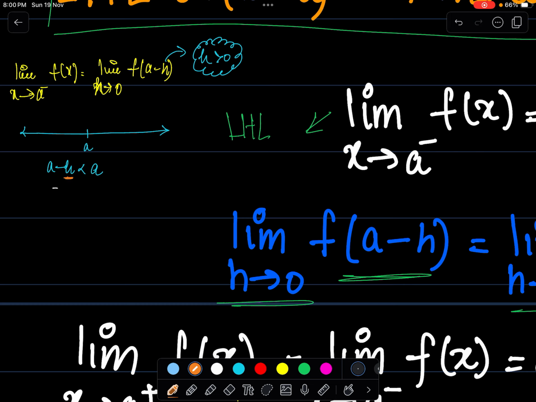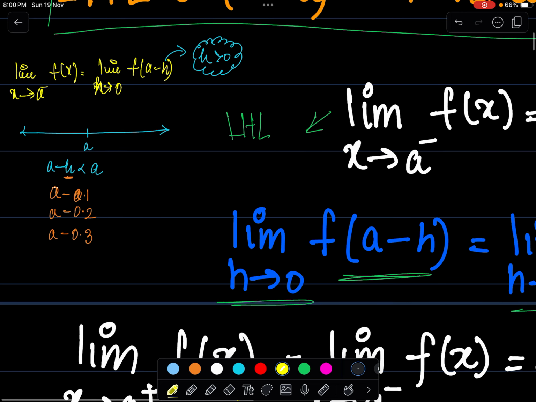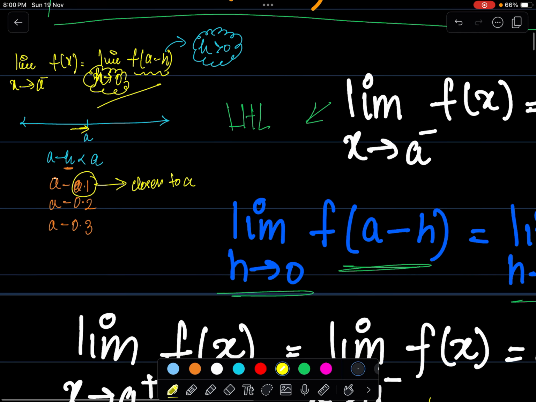Let us consider a minus 0.1, a minus 0.2, a minus 0.3. Now which one is closer to a? I can say this one is closer to a. That means when I take away very little from a, it is going to be very close to a. That's what it is doing. h is tending to 0. That means I am coming very close to a from the left hand side. So it turns out to be my left hand side.